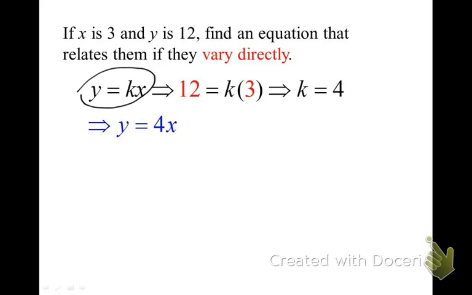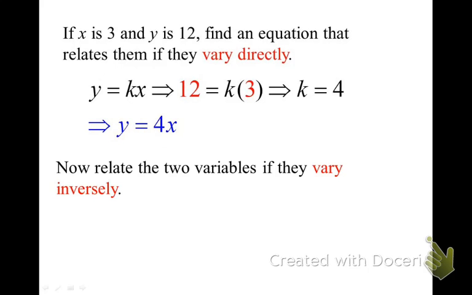So 12 equals k times 3. We'll divide both sides by 3. k equals 4. Once we find the constant, we plug it into the equation as the slope. So our final answer is y equals 4x. That's how they vary directly.